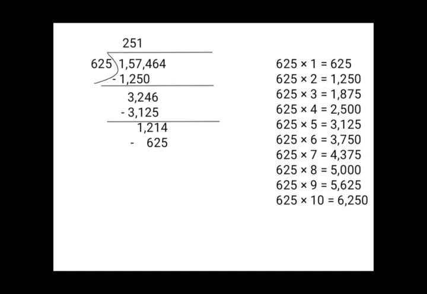Then you have to subtract 1,214 minus 625. The answer is 589. Then you have to continue the division. You have to take the decimal point. If you are taking 0.0 on the dividend, on the quotient place also you have to take the decimal point. Okay, and then you have to bring 0 down.